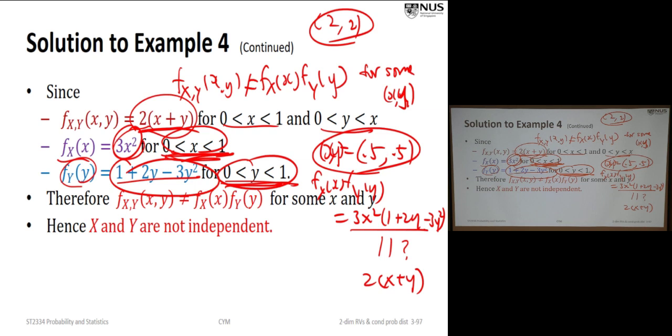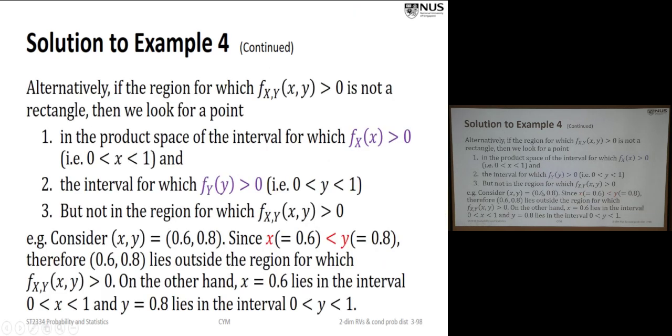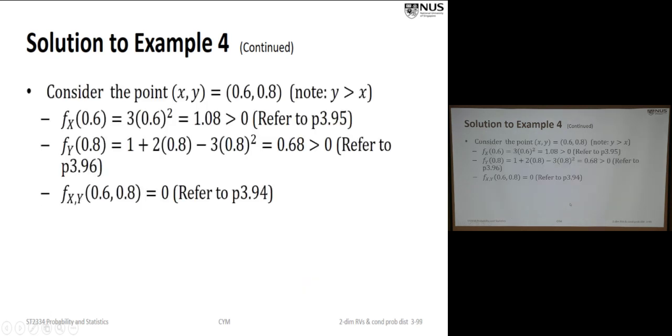How can you create a term with y squared? No, you cannot. But in fact, this is the point that I take: x equal to 0.6 and y equal to 0.8. Then you show that the joint PDF does not equal the product of the marginals.